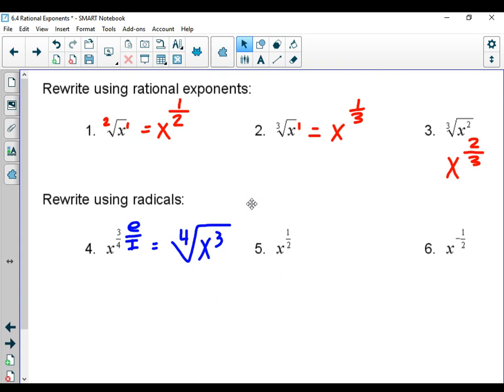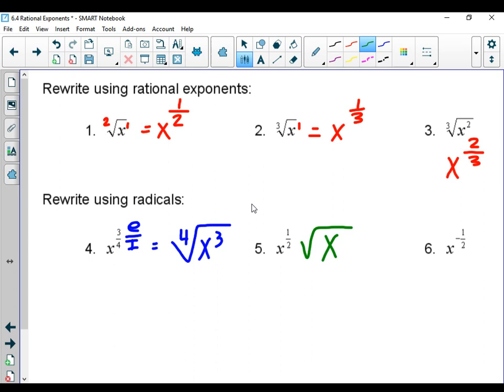Okay, so like I said, you need to get very comfortable with number 5. You don't even need to put the 1 or the 2. They don't need to belong there. That would be silly to put the 2 for a square root and a 1 for x to the first power. Same thing here. This becomes 1 over x to the 1/2, which means this is 1 over the square root of x. If they did ask you to rationalize that, again, we would just simply multiply by the square root of x over the square root of x.